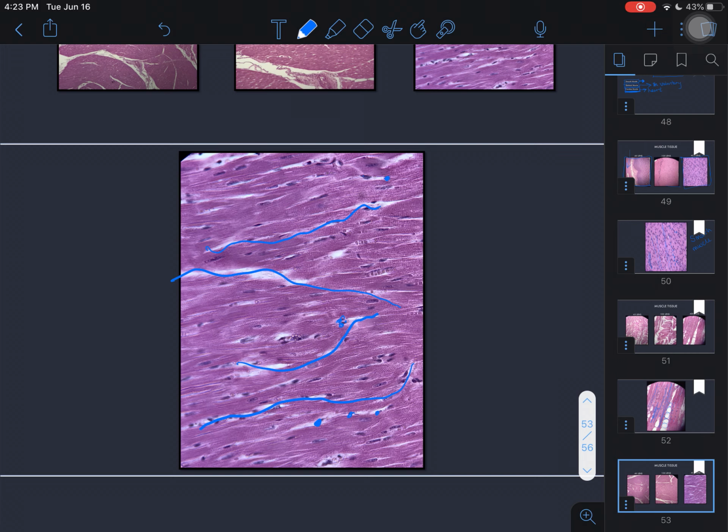For the most part, these nuclei, once again, are pretty much by themselves. Something it does have in common with the skeletal tissue are these striations. Again, these striations go at a 90-degree angle to the actual muscle fibers, right? And they just kind of bloop, bloop, bloop.